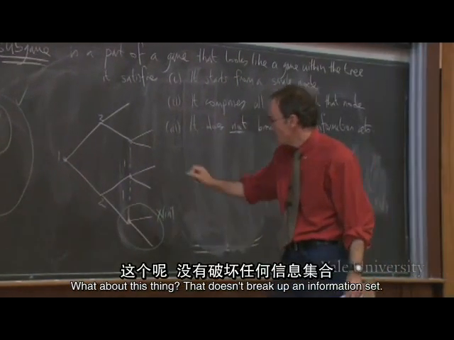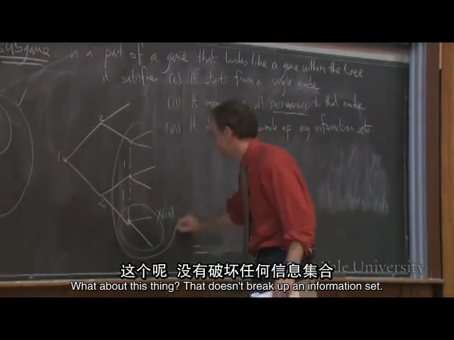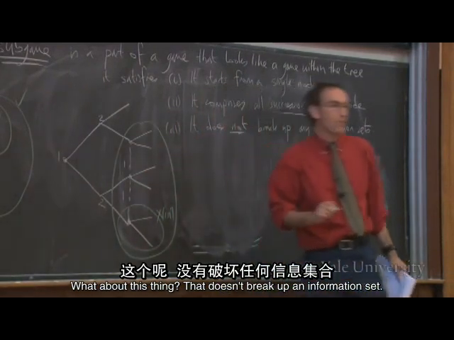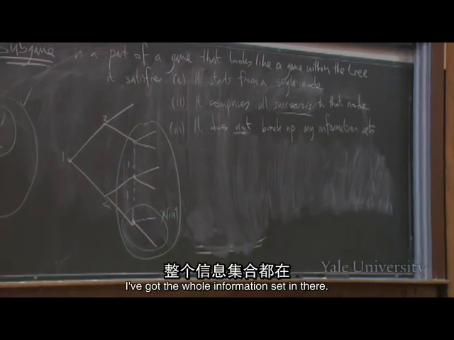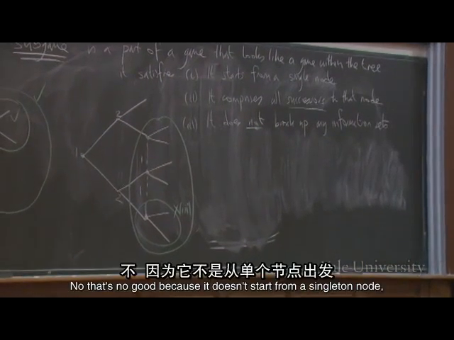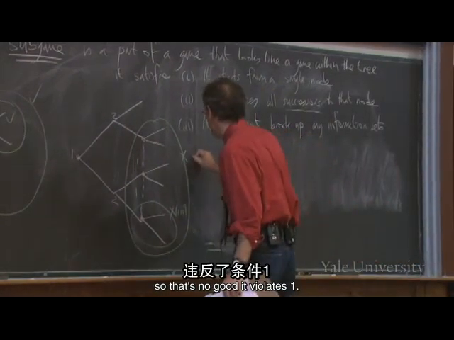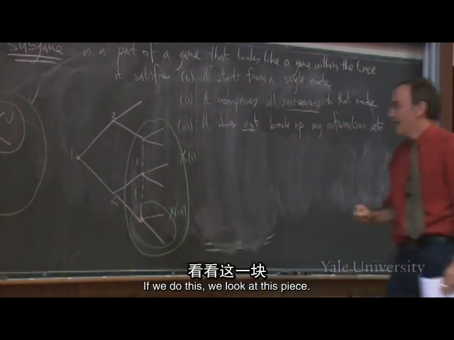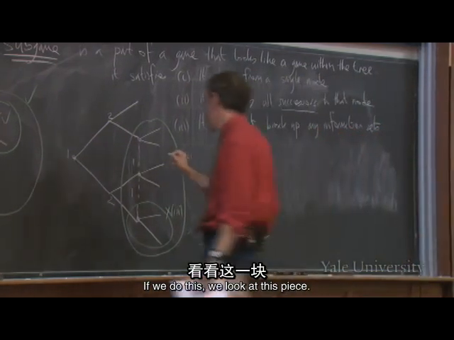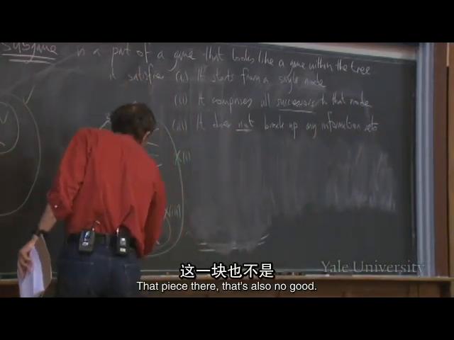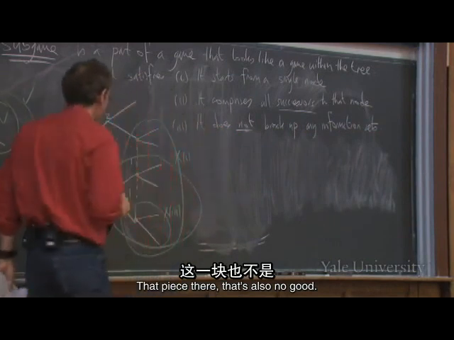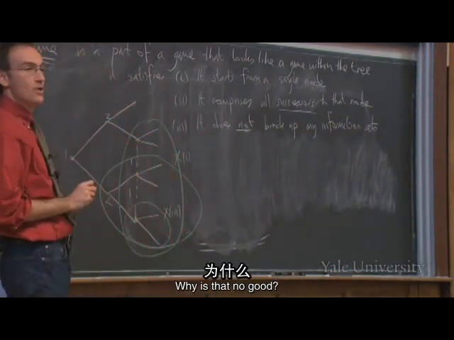What about this thing? That doesn't break up an information set. I've got the whole information set in there. Is that any good? No, that's no good because it doesn't start from a singleton node. It violates 1. And if we look at that piece there, that's also no good. Why is that no good?